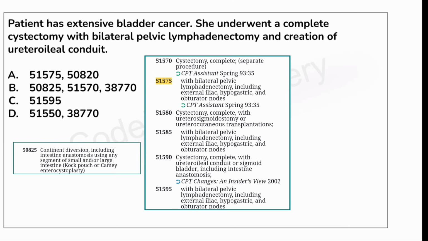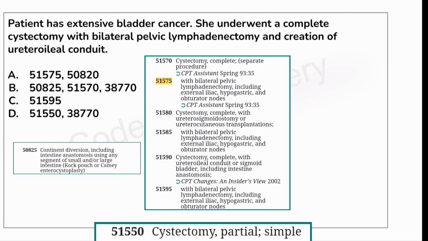Option D's first code is 51550, which is for cystectomy partial simple. Now, let us read the question. The patient has extensive bladder cancer. She underwent a complete cystectomy with bilateral pelvic lymphadenectomy and creation of ureteroileal conduit. So, which among these four codes is correct?